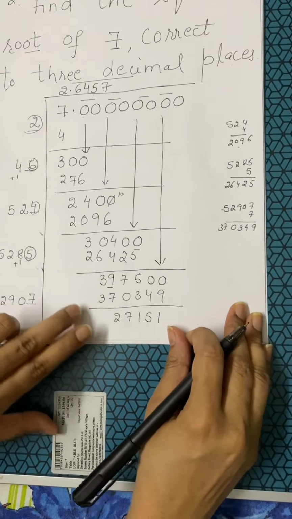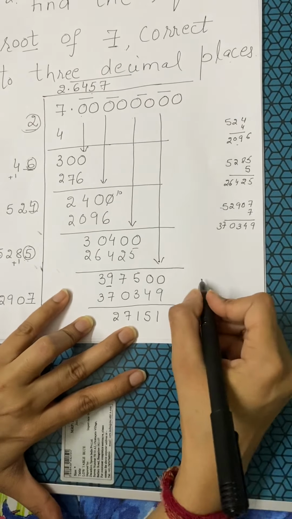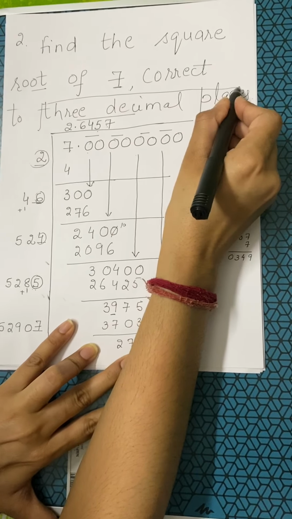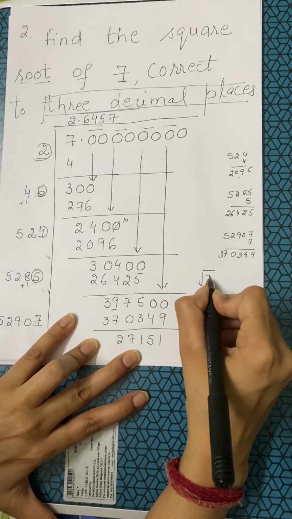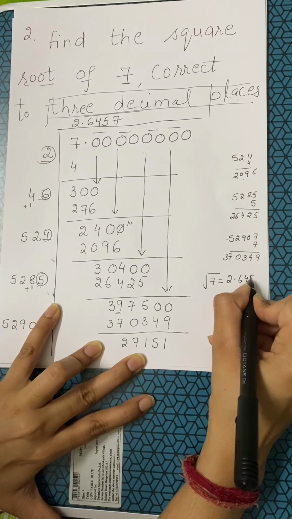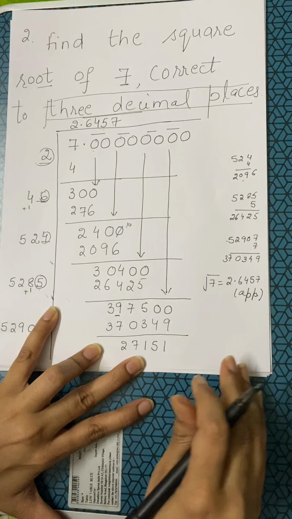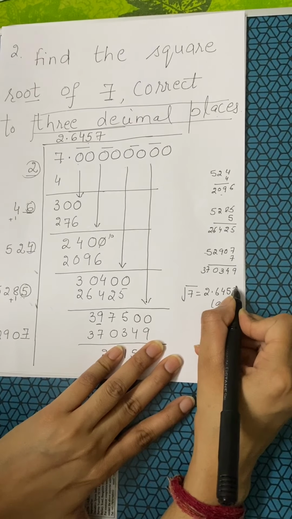Okay, now see this number, we will keep on dividing and dividing, but we need to see till how long we'll be finding the square root of this number. So the square root of 7 is coming out to be 2.645. We will be writing approximate here. This is an approximate result. This is not exact, since I need to find up till 3 decimal places.